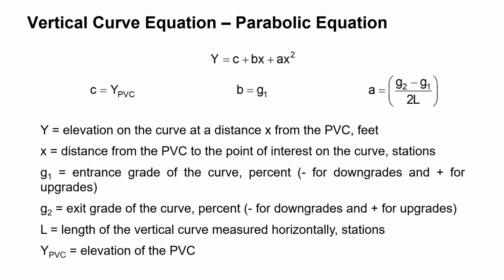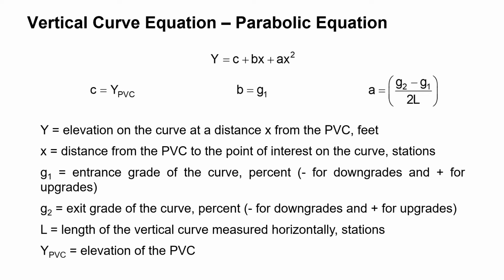X is the distance from the PVC to the point of interest on the curve, and that needs to be in stations. So if it's 400 feet, that is 4 stations. The length of the vertical curve is L, and this is measured horizontally, as we've talked about, and it's also in stations.